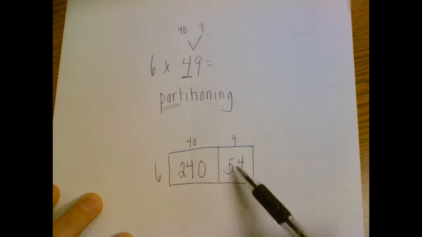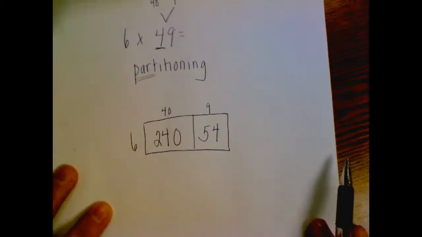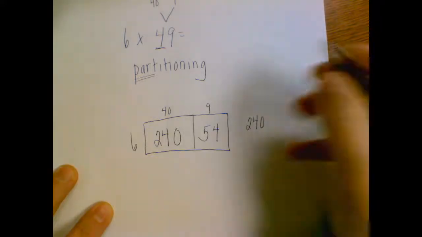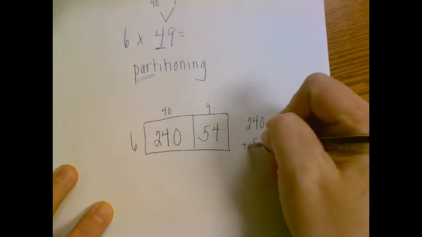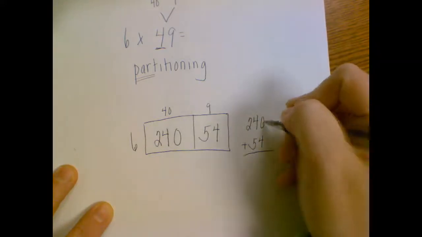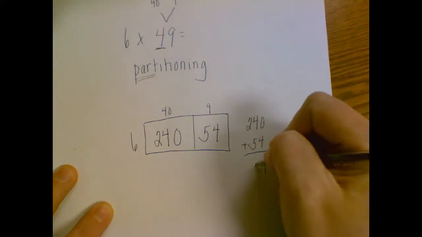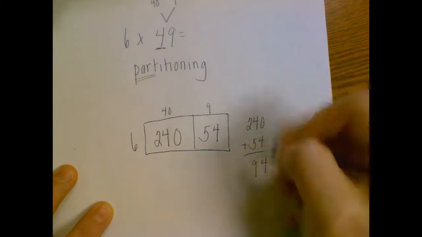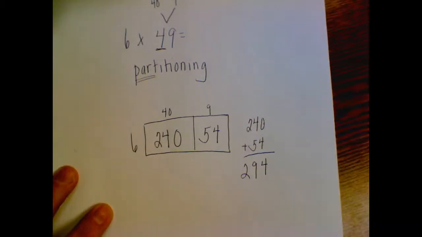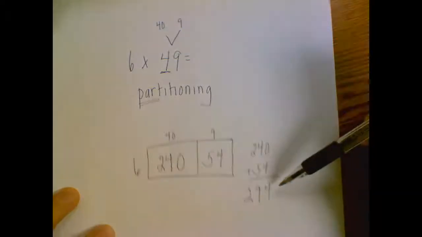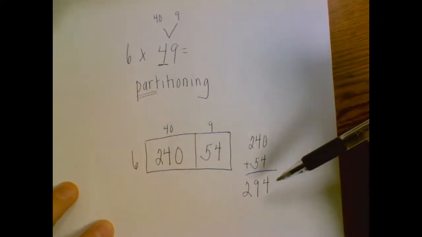So these are the pieces to our answer. Now, off to the side, we're just going to add them together, and we'll get the final product. So let's see. 0 plus 4 is 4. 4 plus 5 is 9. And 2 plus nothing is 2. So the answer, the product to 6 times 49, you get 294.